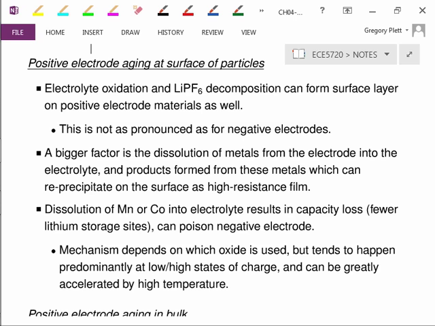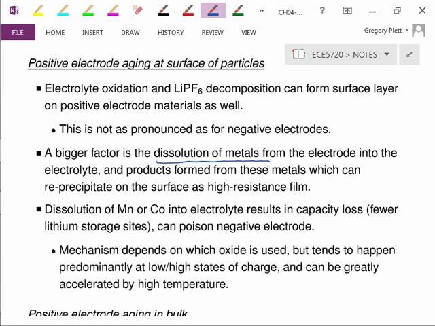A bigger factor in the positive electrode, especially with certain types of positive electrode chemical structures, is that they can be attacked by the electrolyte, and it doesn't cause the formation of a film in this case. It actually just causes a deterioration of the electrode.